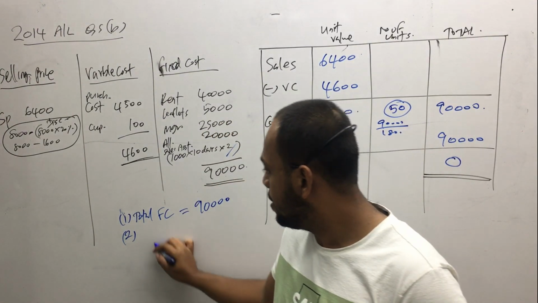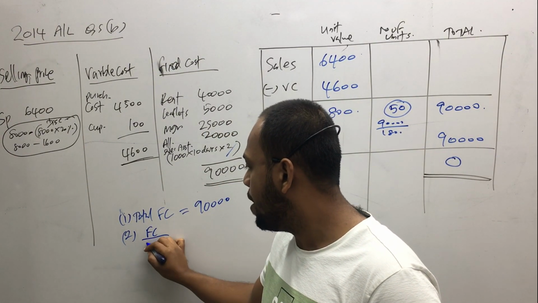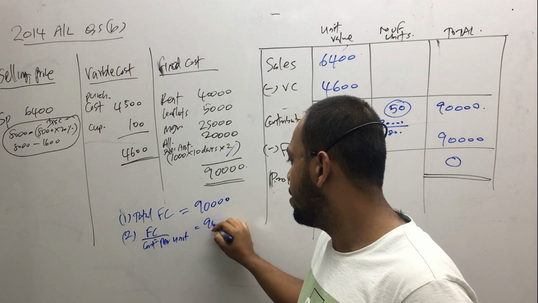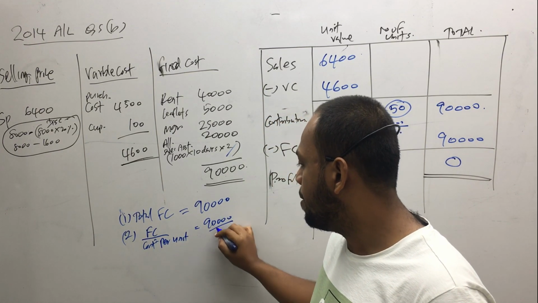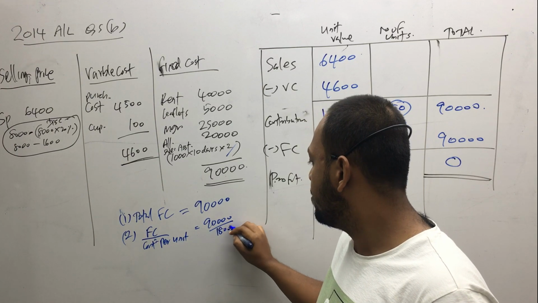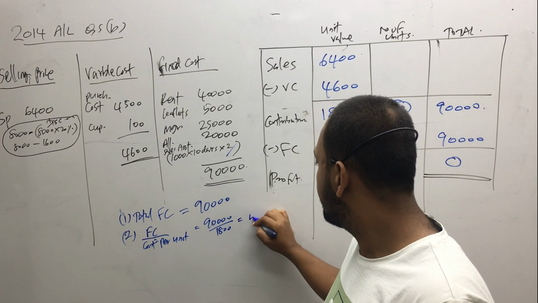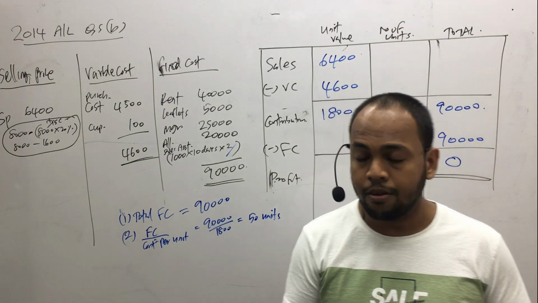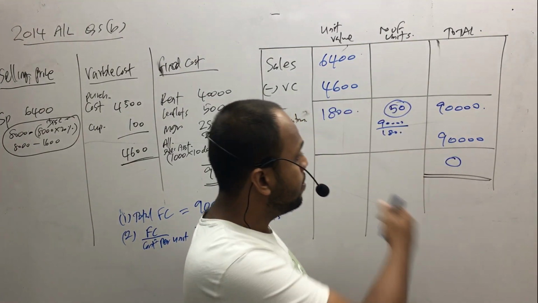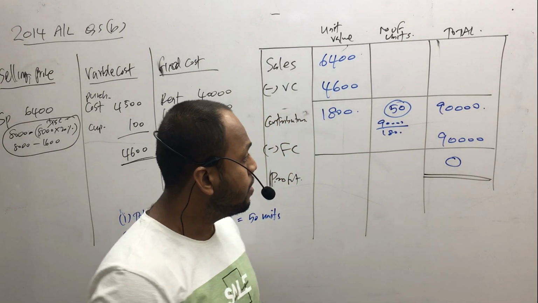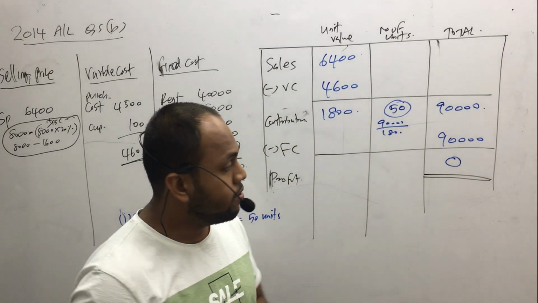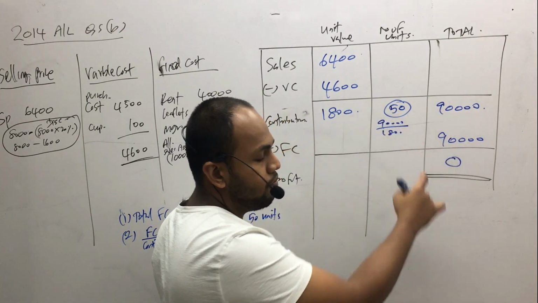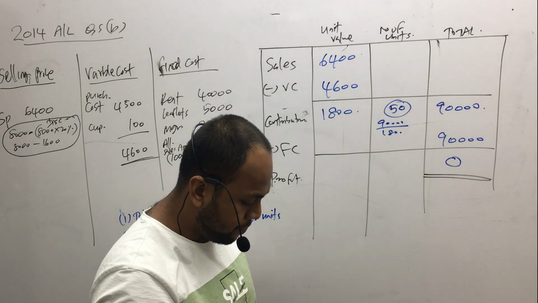So how do you calculate? Fixed cost divided by contribution per unit. 90,000 divided by contribution per unit is 1,800. It is 50 units. Okay, this is the equation. And you can use this format to calculate the number of units for break-even point. Break-even point is 0. To have 0, we need 50 units.